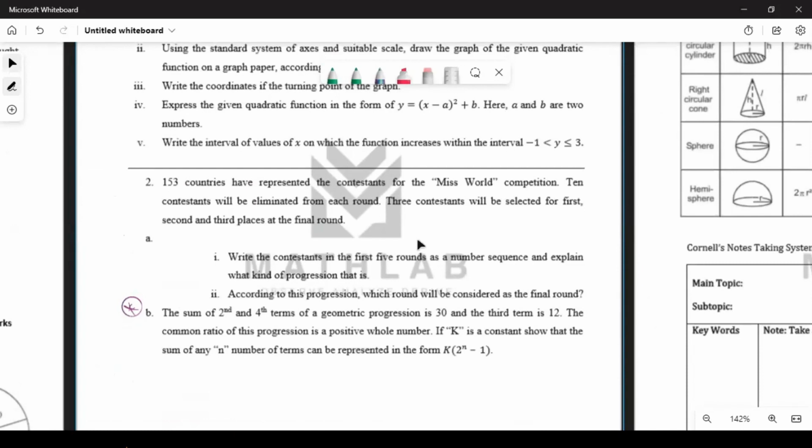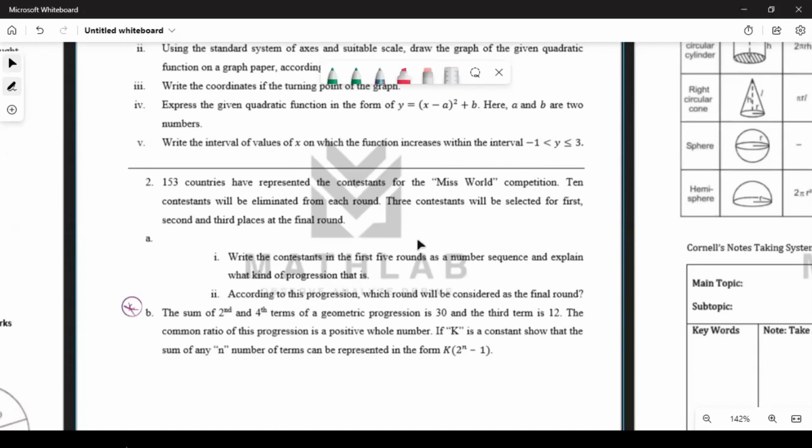153 countries have represented contestants for the Miss World competition. Generally, from one country, one person, which means there are 153 participants.